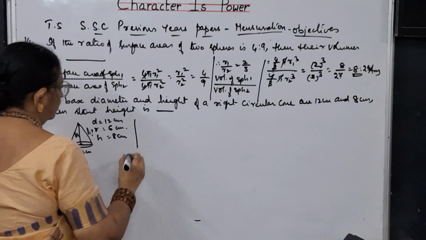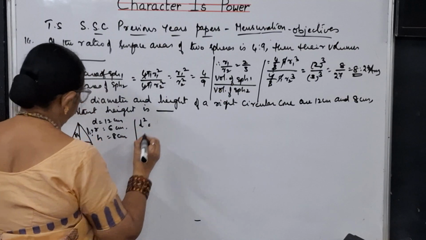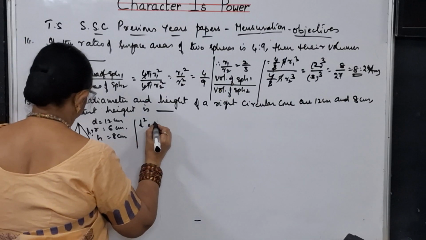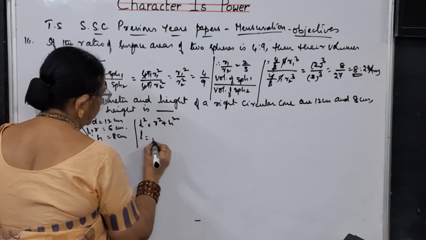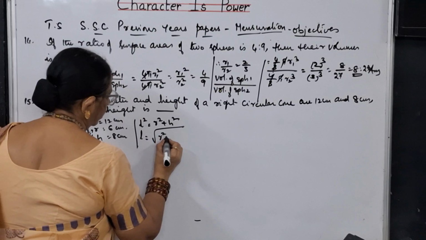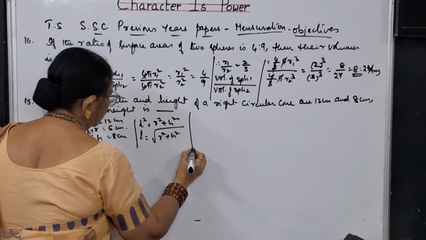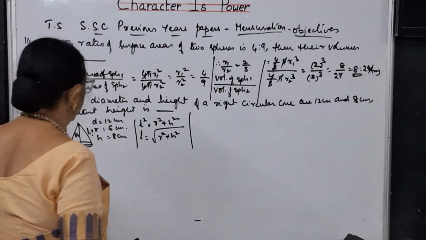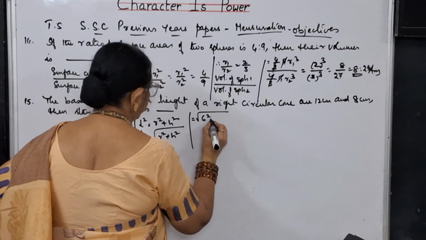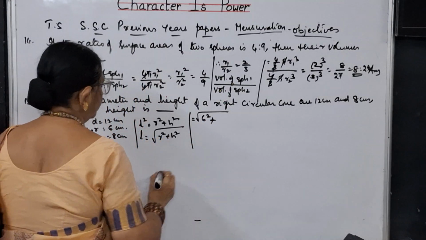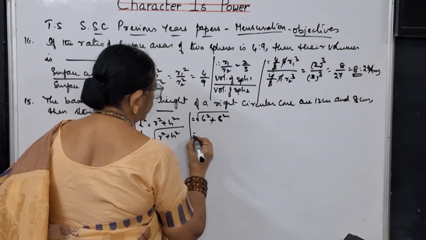Slant height how much? So we know that L square is equal to R square plus H square. What is L? Root of R square plus H square. So what is R square? Root of 6 square plus H is 8 square.